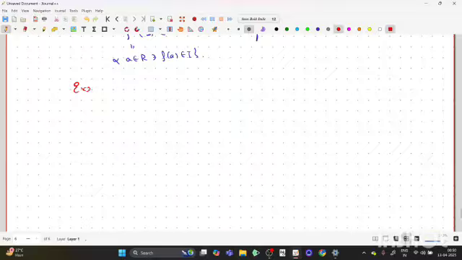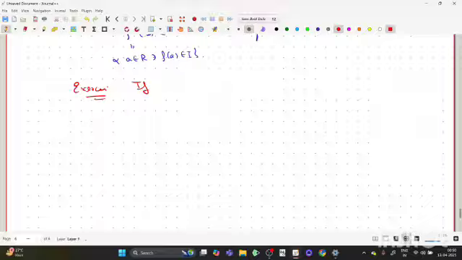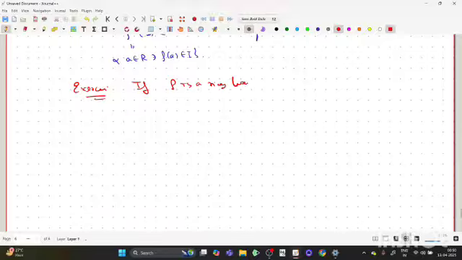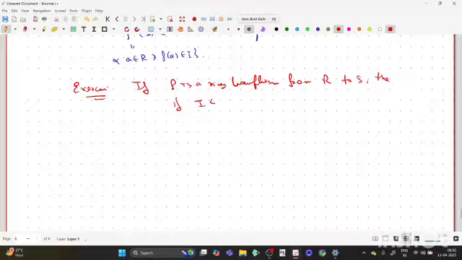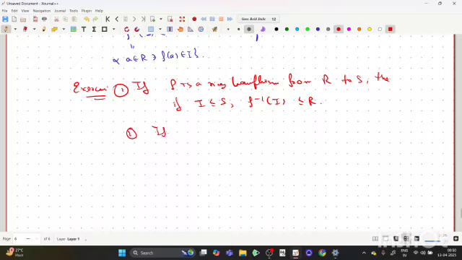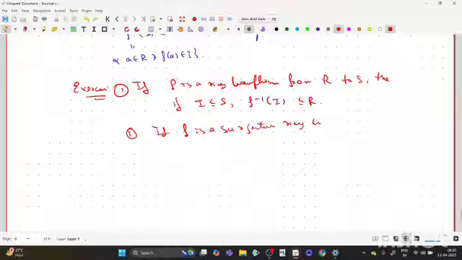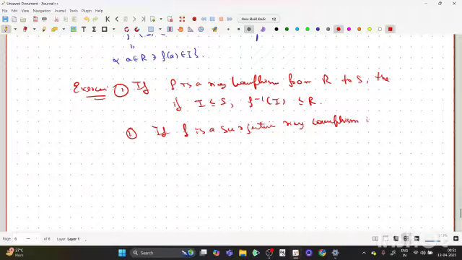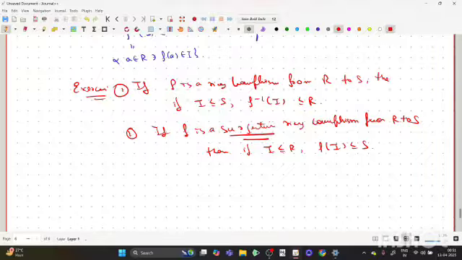Exercise: if f is a ring homomorphism, any ring homomorphism from R to S, and if I is an ideal in S, then f inverse of I is an ideal in R. And the second: if f is a surjective ring homomorphism from R to S, so you should be making use of the surjectivity of what I'm going to write now, then if I is an ideal of R, its image is also an ideal in S.